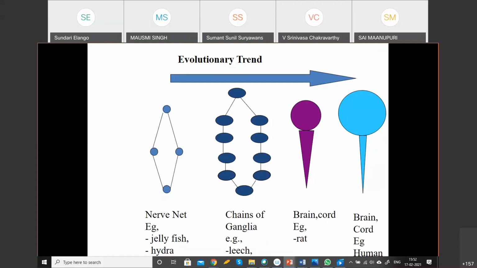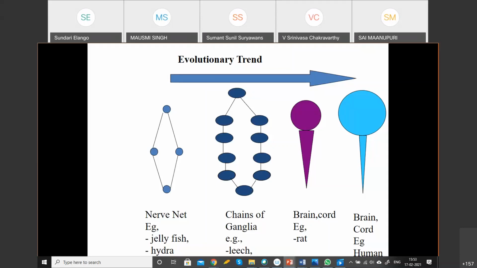Now, look at the body plan that jellyfish or hydra has. Jellyfish has a kind of ellipsoid with all this hairy stuff hanging out. Hydra has a tube-like structure with a bunch of large tentacles. The tentacles are also pretty large compared to the body.